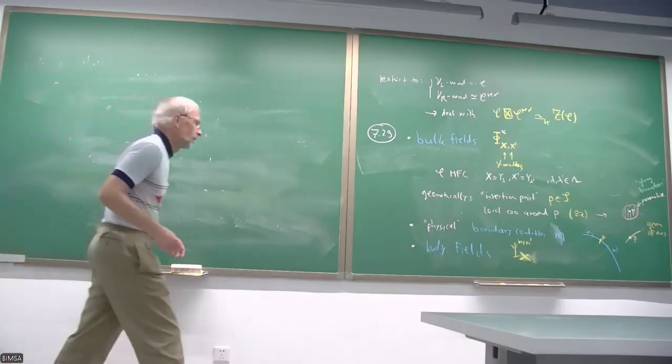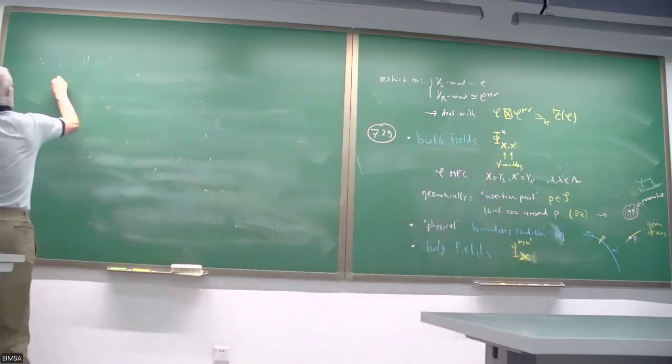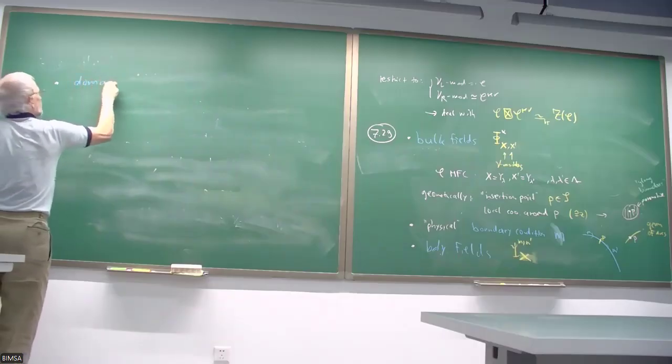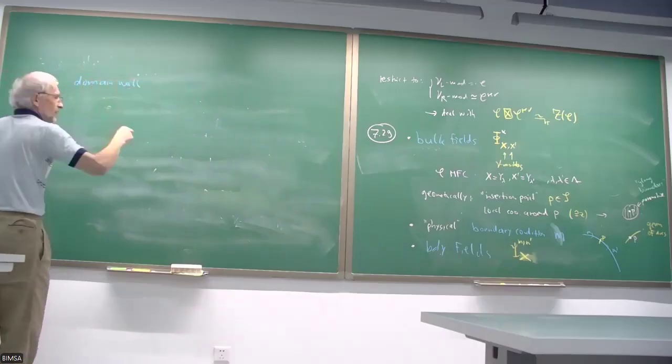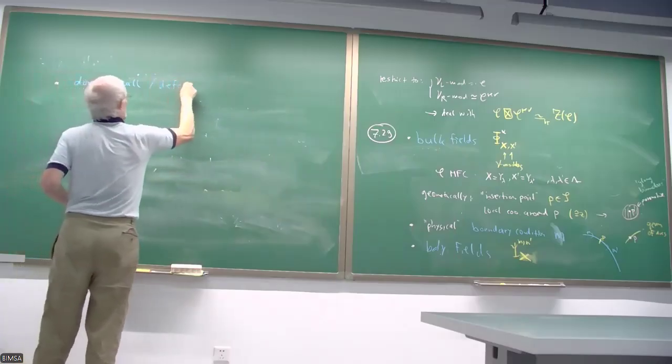We can also have an inner boundary, or let's call it a domain wall. Sometimes we also have a defect. A wall, it's just a line. What we call a defect or defect line.